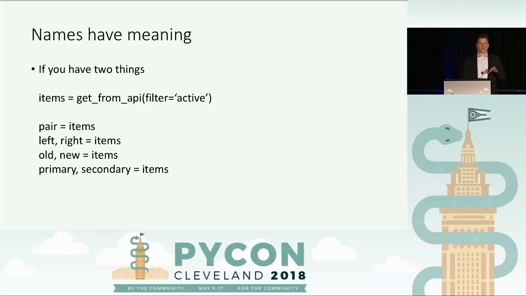If you actually know something more about those 2 things, then you can tell the reader that too with naming a little bit. If there's an old thing and a new thing, old and new, great names. Same thing, primary, secondary. So if you have a pair of things and there's meaning, name the variable with a little bit of meaning, everybody's happier.